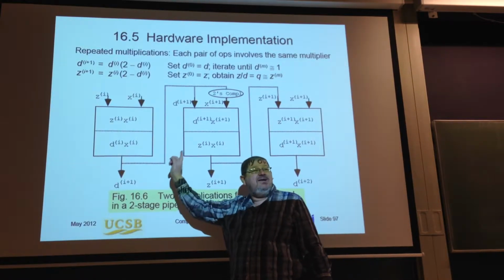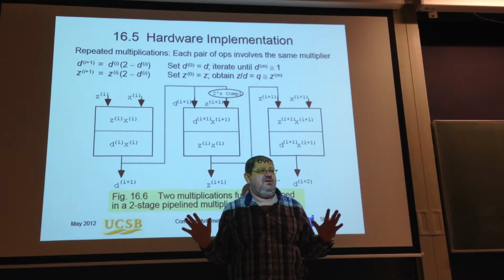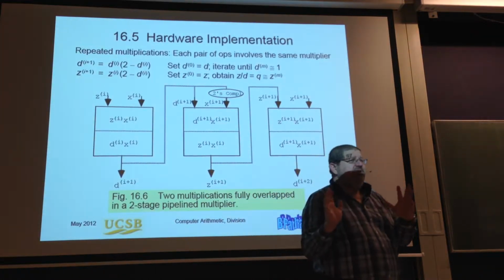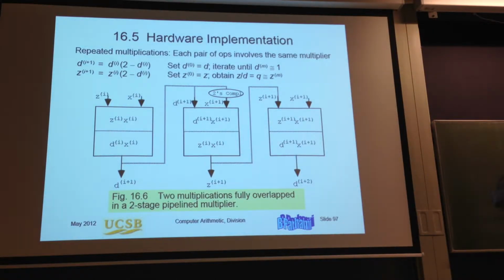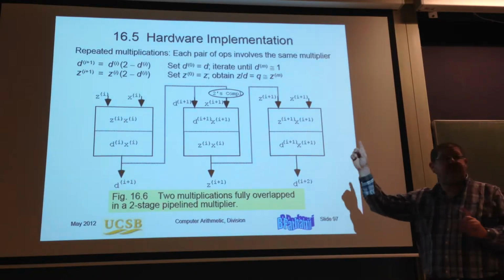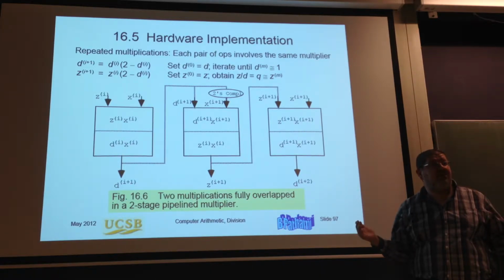This is one and the same multiplier in different stages of the calculation. Somehow in the book it's not clear. Then this is telling that with a proper scheduling, you can use one multiplier, which is pipelined with two stages, in order to do those two iterations in parallel without any trouble.